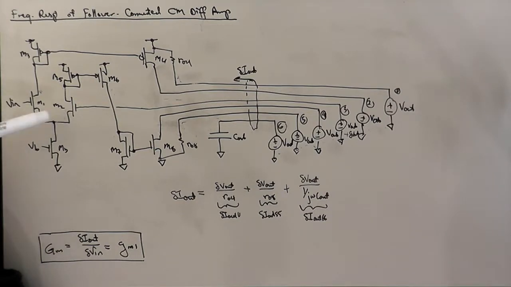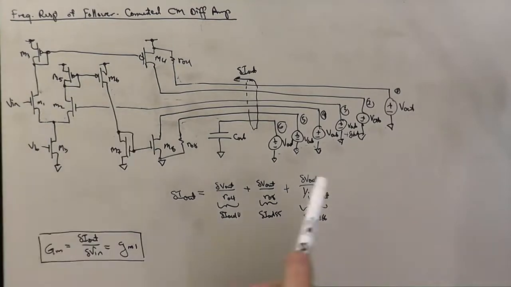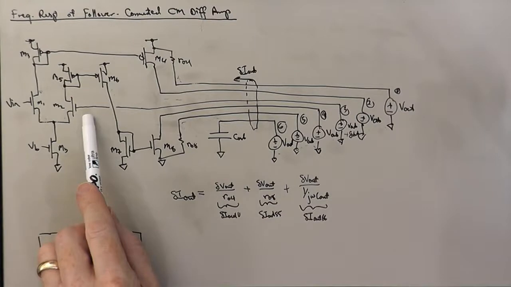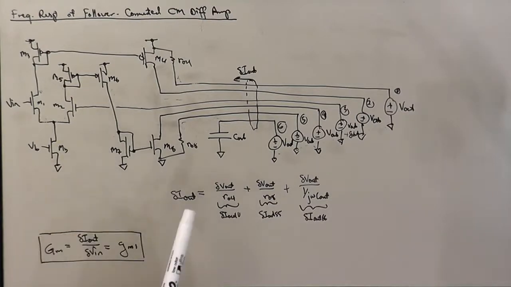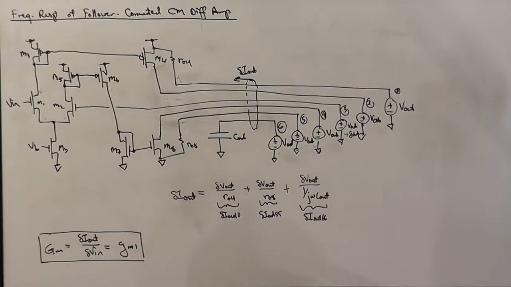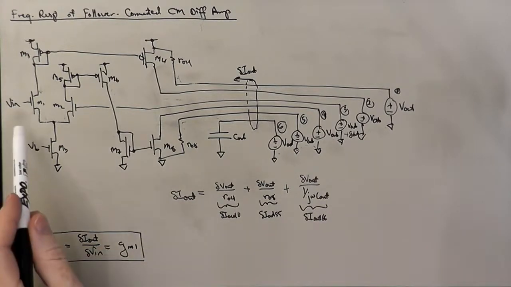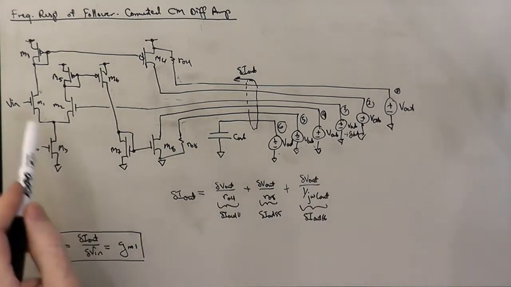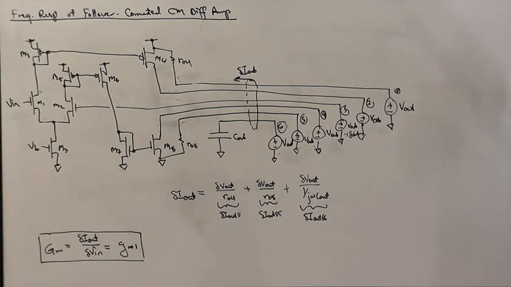So back in the GM calculation, we put a delta V in here, but now we're putting a delta V out on the other side. And so what we get as a result of that delta V out is actually going to be quite similar to what we got for the GM calculation.